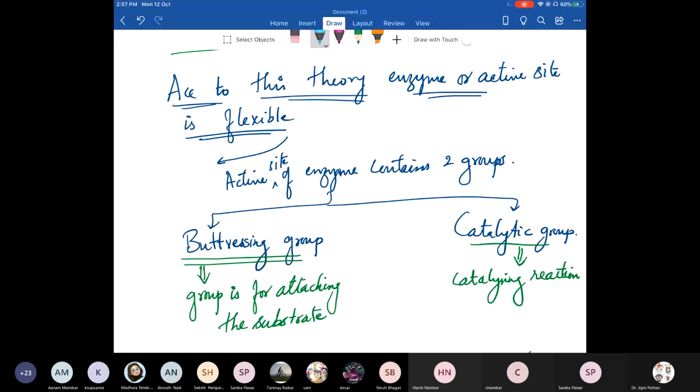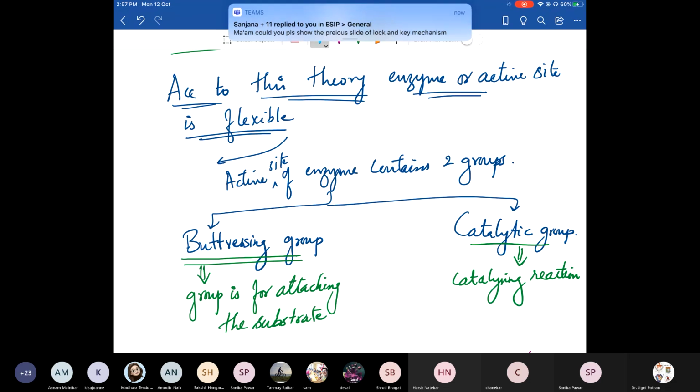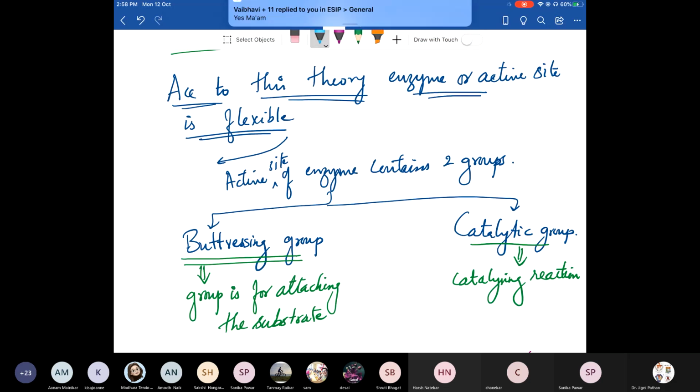Zenobia, Shruti, Vaibhavi, Sakshi, Raghavi, Madhura, Sneha, are you understanding? Yeah, Sanjana, I'll show you. Just 2 minutes. After this, you remind me, I'll show you.